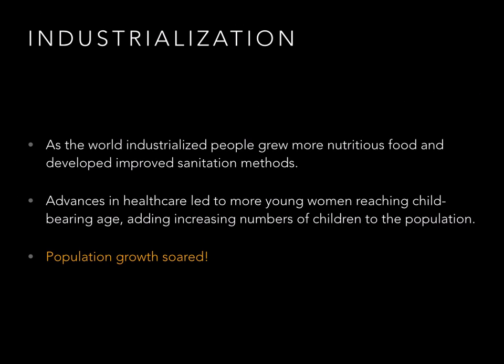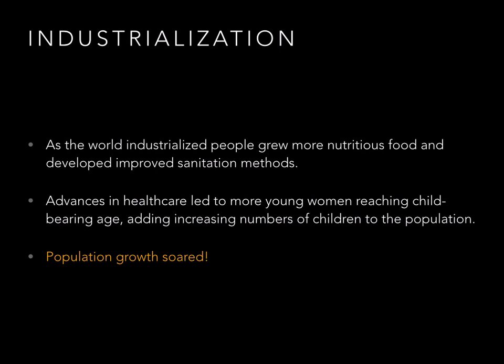Industrialization is the process of building factories and manufacturing products in these factories. This is a much more efficient way to manufacture a product than to make things by hand. This process of industrialization has really increased the wealth of the world.